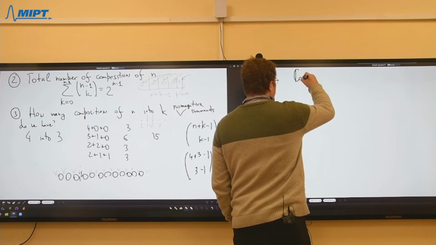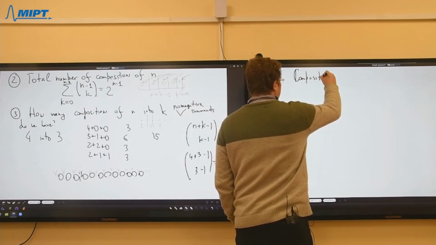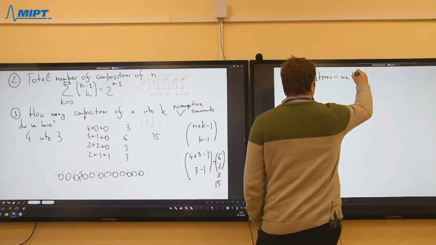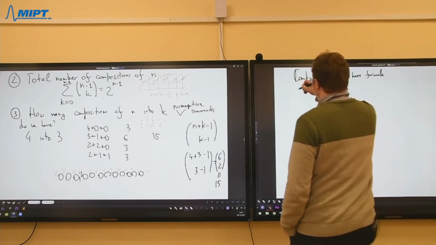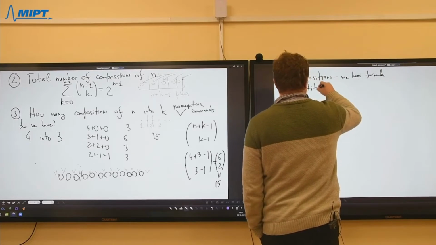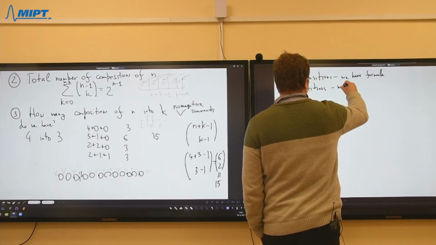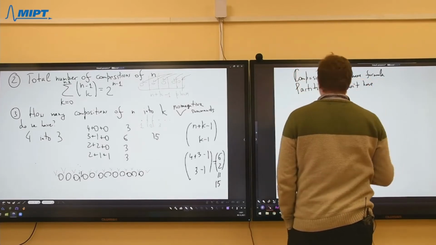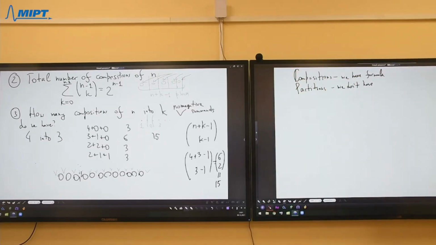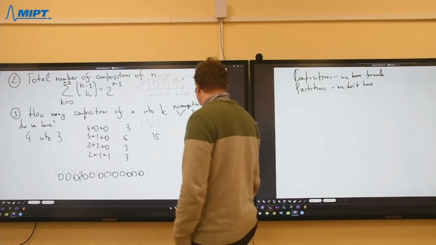So for compositions, we have a formula. But for the partitions, we don't have one. Because if we forget about order, then we cannot just calculate this using the combinatorial aspects.